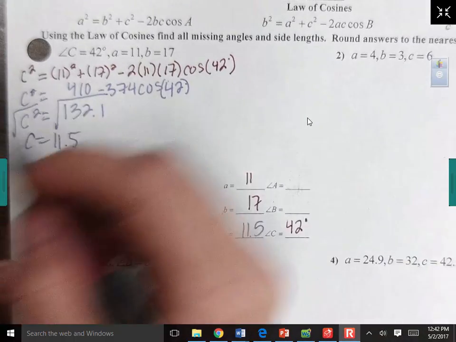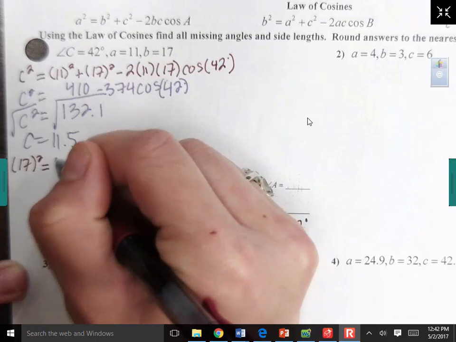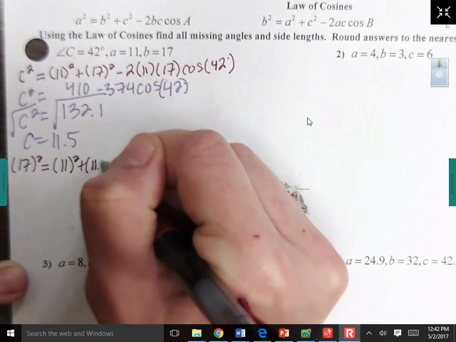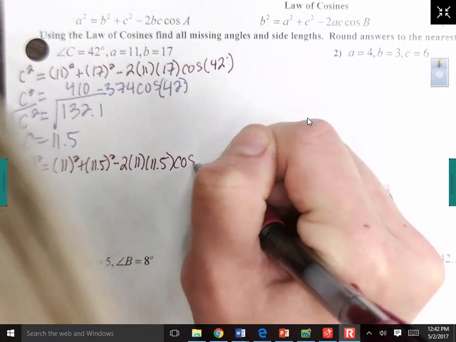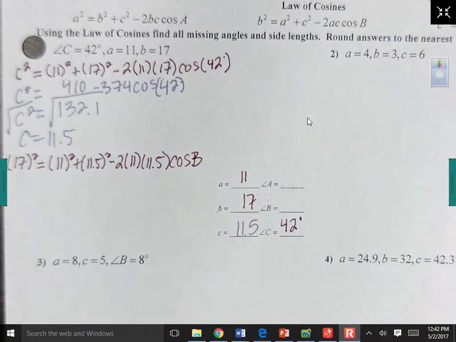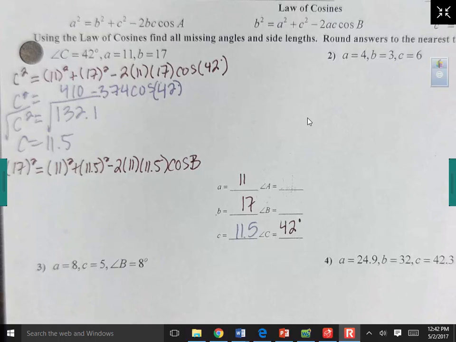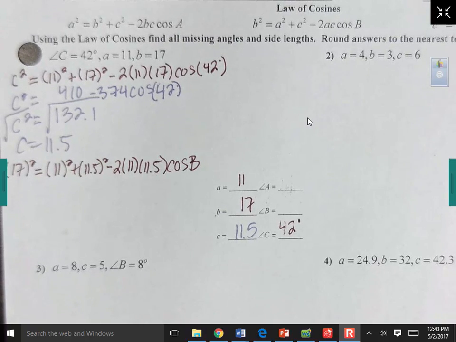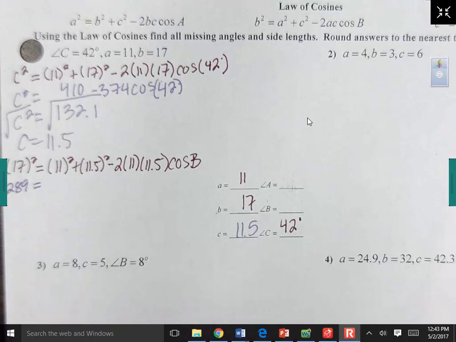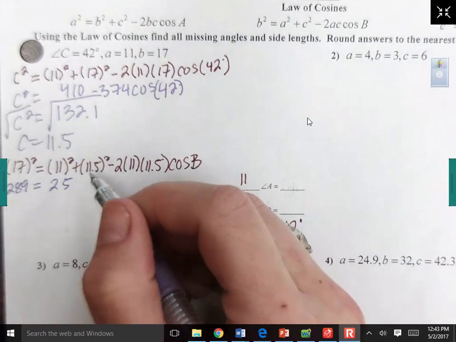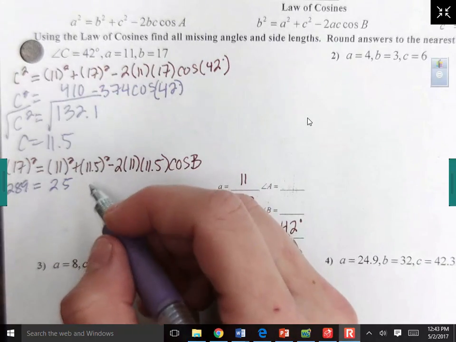So to find angle B, we'll put 17 squared... All right, what is 11 squared plus 11.5 squared? 253 point what? I think I got 0.3.